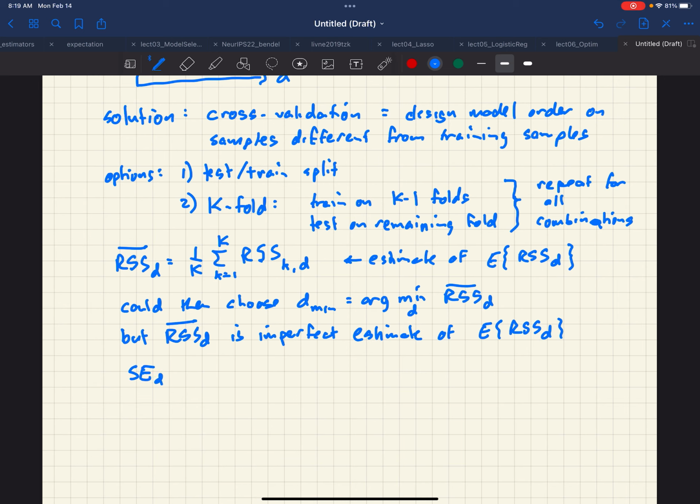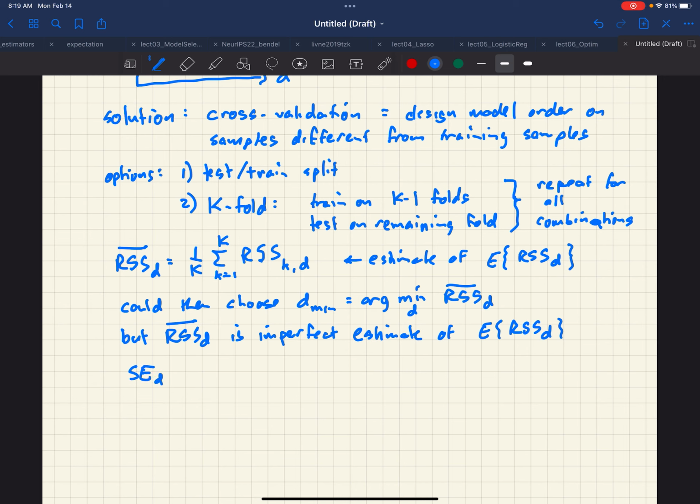And for prediction, okay, we're making a prediction of y, but we're going to use a different model. We'll call it f hat.